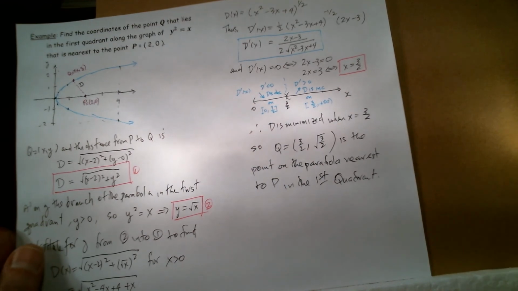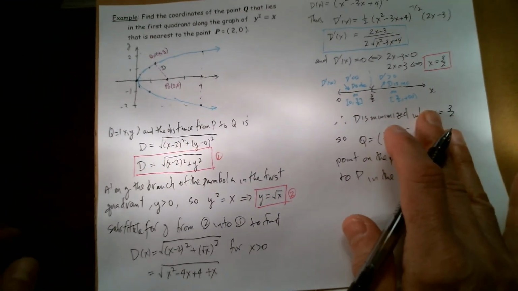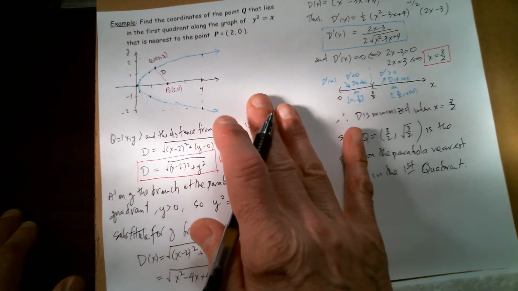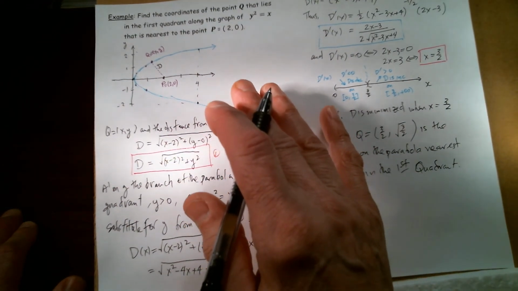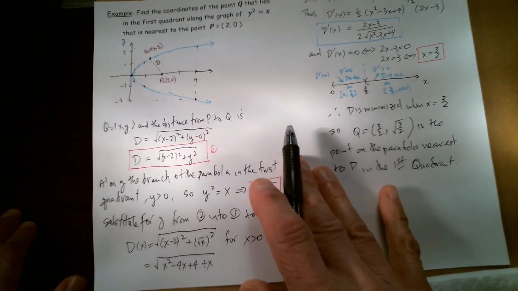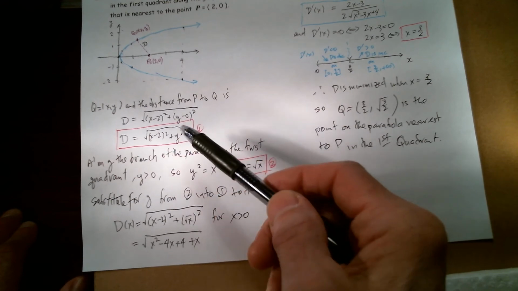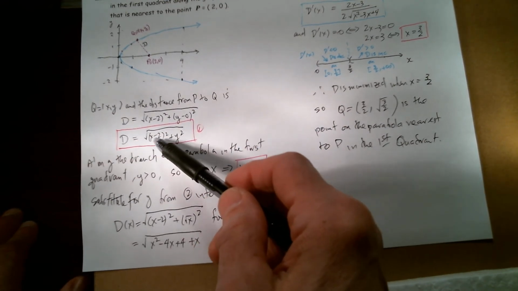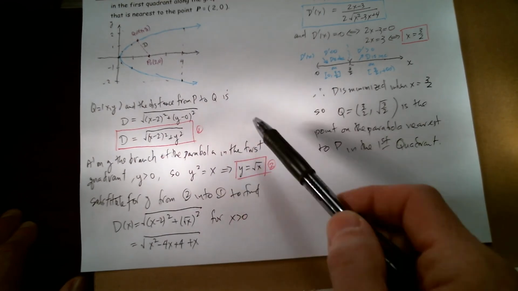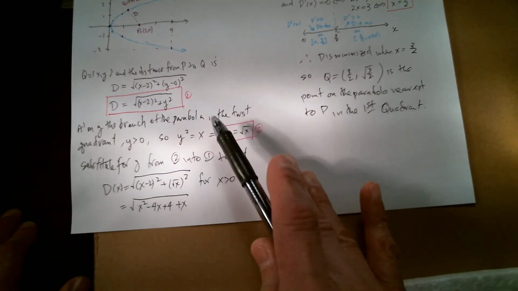So again, just to summarize what we did, right, we drew a picture to illustrate our situation. We wrote down the distance formula from P to Q. We saw that we could express the distance formula as a function of only x by using the fact that y is the square root of x.